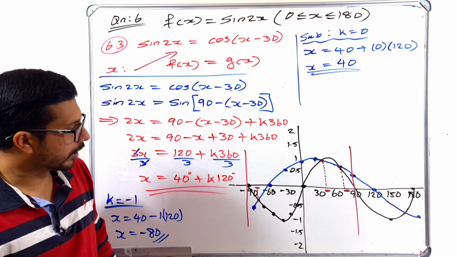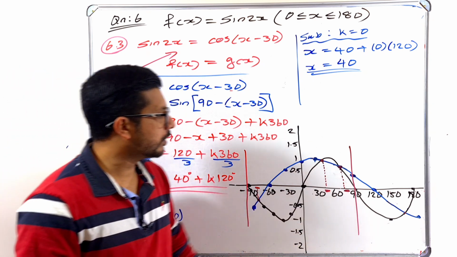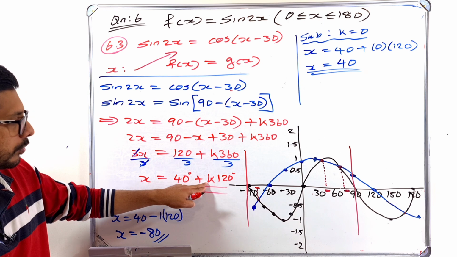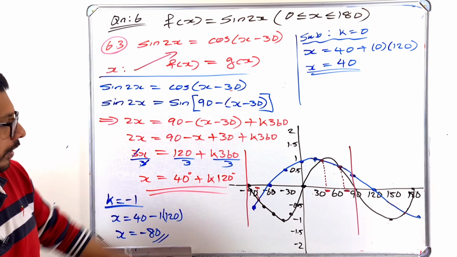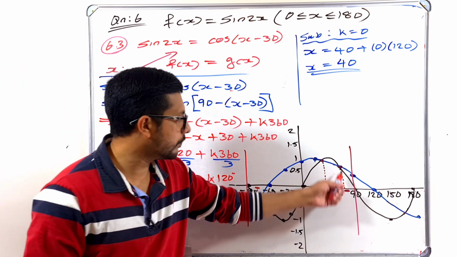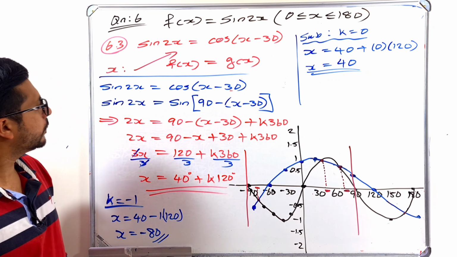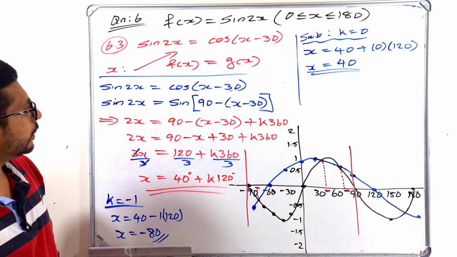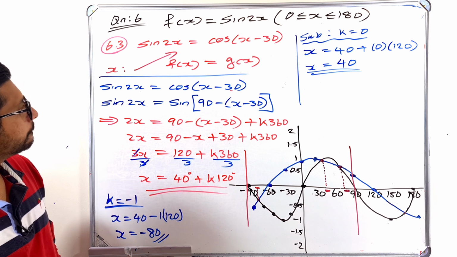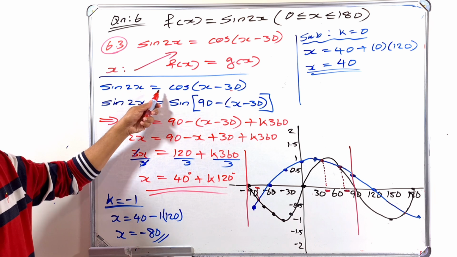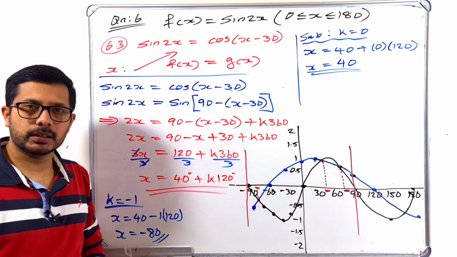But how can you find the x value of this point? Whatever value we substitute for this k, we are not getting that point's x value. So we have to find another method for that. Look at this one. sin 2x is equal to cos of x minus 30.